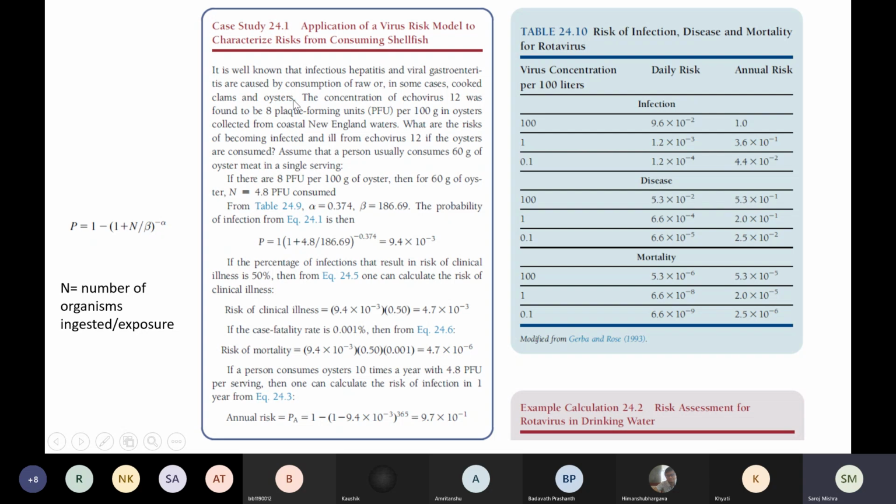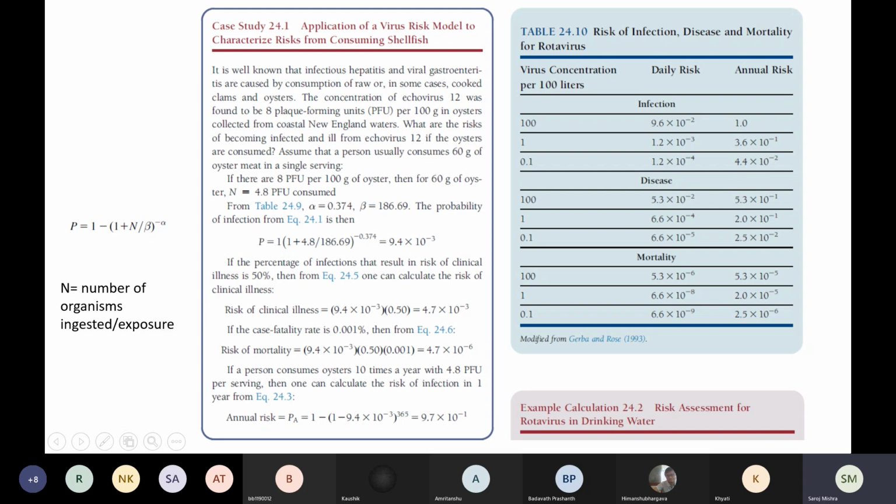Some people take seafoods and are inadvertently exposed to hepatitis virus or gastroenteritis viruses. If a person is consuming that seafood, what is the probability of their getting infection or dying because of eating oysters? Based on all of this, I'm going to allow you to understand how the actual risk assessment can be used.